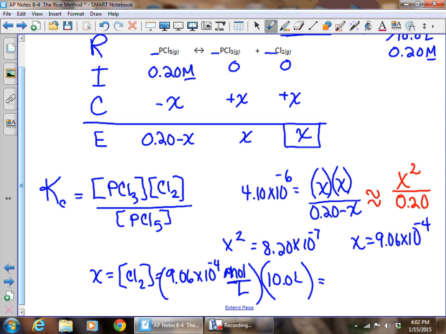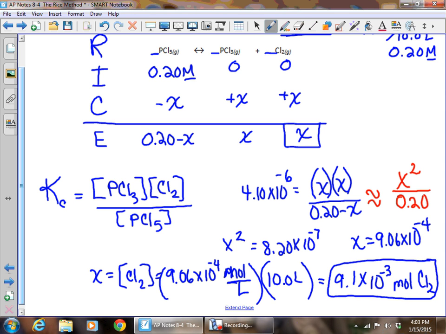And that's going to give us a value of 9.06, or probably to correct sig figs, we need to go to 2 sig figs. 9.1 times 10 to the negative third moles of chlorine. So be careful what it gives you. Be careful what it asks you to find. Make sure you're actually finding what it asks you for.